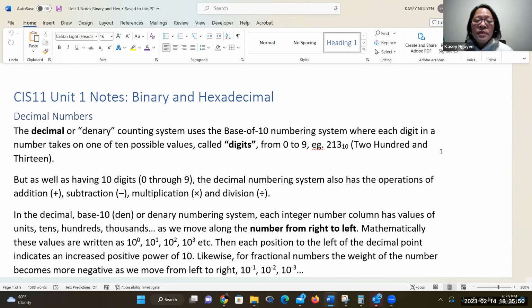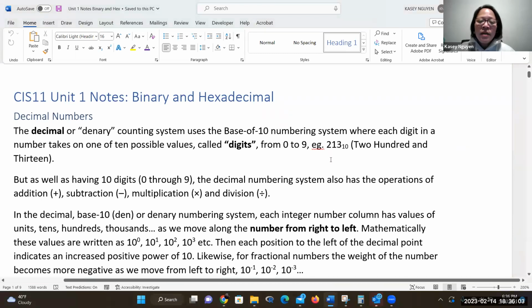The numbers that we learned since we started to count, when our parents taught us how to count, that's considered a base 10 or a decimal system, because we have an increment of 10. So you would count from 0 through 9, and then you start again in the next group of 10.